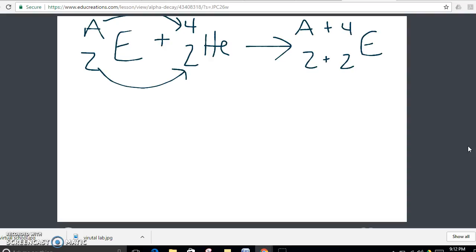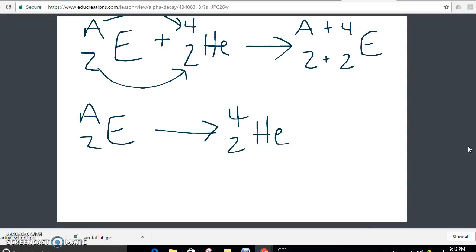The generic equation for the release, or alpha decay, is the opposite. You're going to start with your element, you're going to know the mass and the atomic number, but you're going to see the alpha particle on the product side.